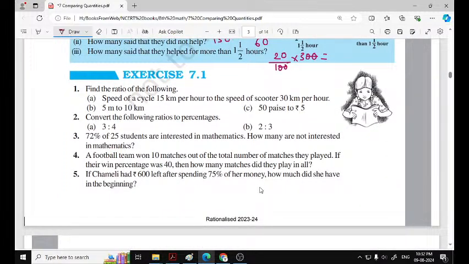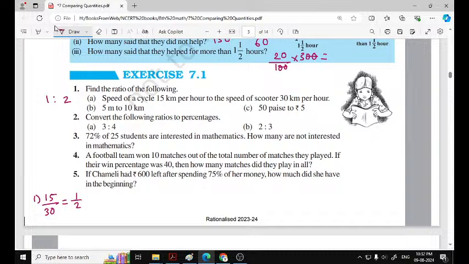Find the ratio of the following. Speed of cycle 15 km per hour to speed of scooter 30 km per hour. So 15 upon 30 is 1 upon 2. So this ratio is 1:2. 5 meters to 10 kilometers.